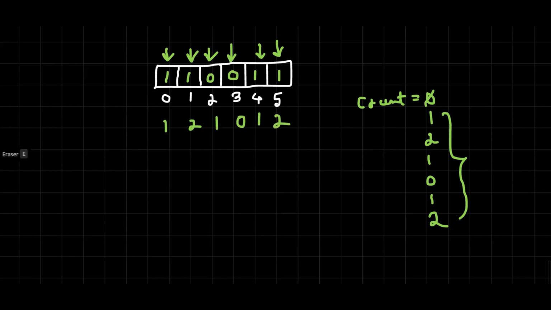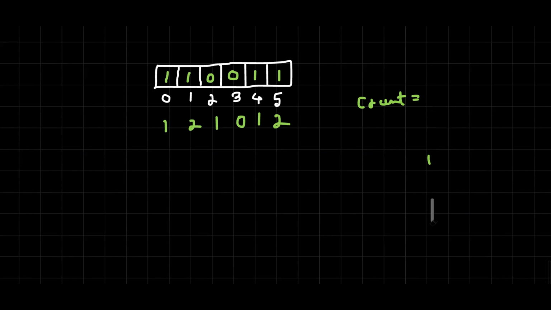Now, let's try to figure out some of the pattern. Here, we can clearly see that in this portion, the first value of count is 1, the last value of count is 1. So here, the count value is same.